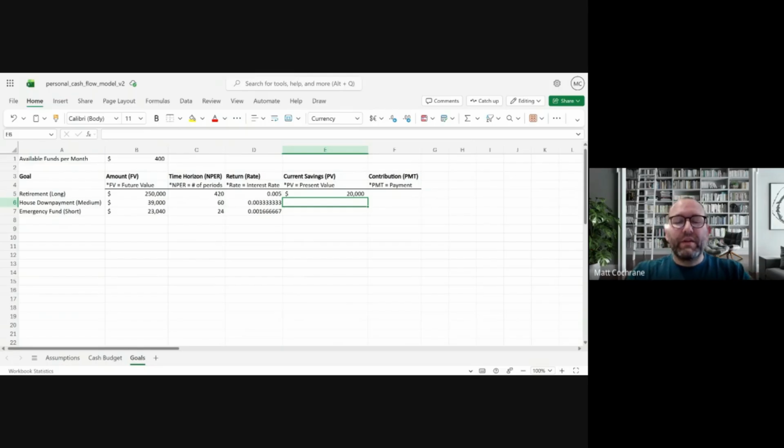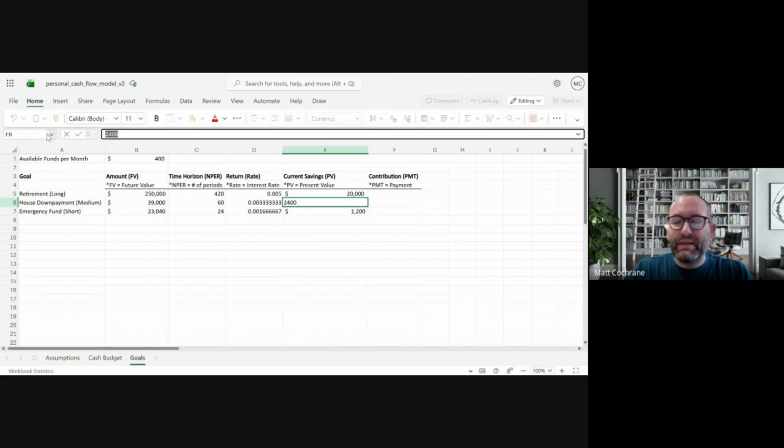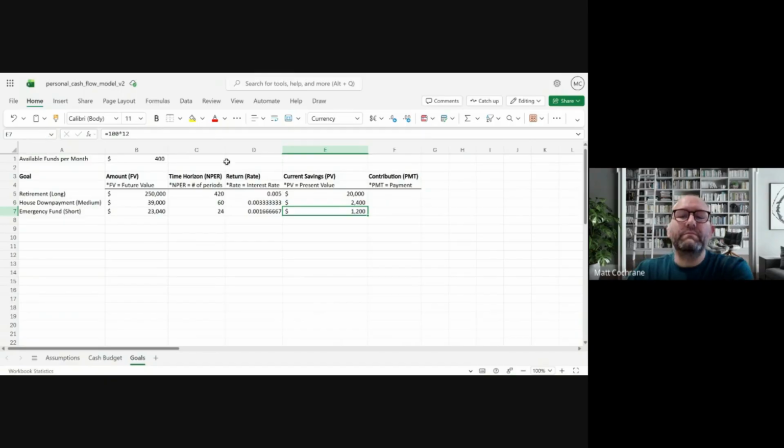So we're going to have 2,400 saved toward that goal. And then for the emergency fund, let's say that we've been doing like $100 a month for a year. So we've got $1,200. So 100 times 12. Okay, and I guess I should put equals 200 times 12 here.